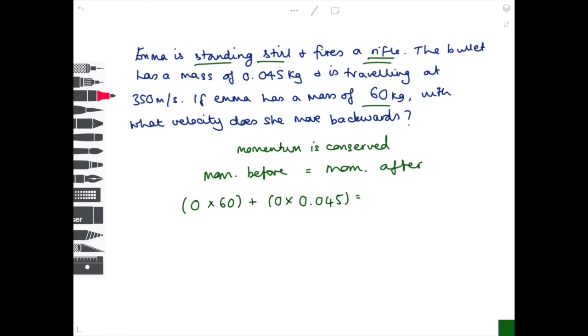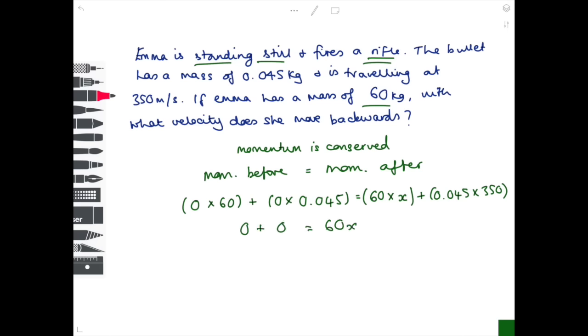Looking at their momentum afterwards, her momentum will be her mass, which is 60, times her velocity, which is x, that we don't know the answer to yet, plus that of the bullet, so that's going to be 0.045 multiplied by 350, and that's a matter of sorting out that equation. So those cancel out because 0 plus 0 equals 0.